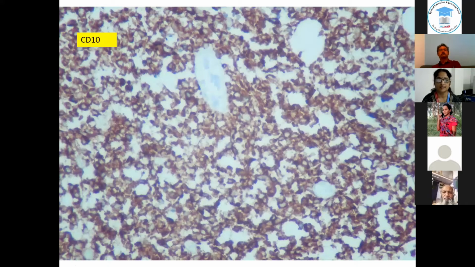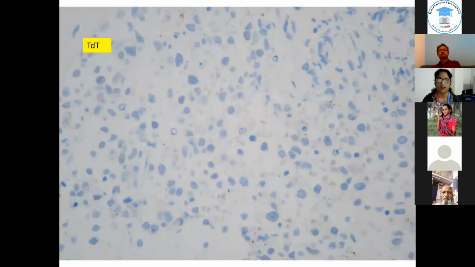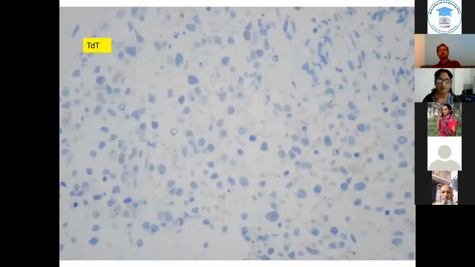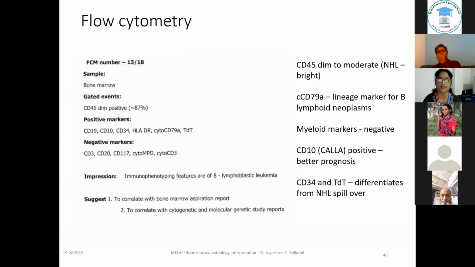So the IHC was done and they were CD10 and CD20 positive. So 20 is a B cell marker and TdT was negative, but CD99 was positive. So this proves to say that it was a lymphoblast, and the flow cytometry was positive for markers of CD19, CD10, CD34, HLA-DR, Cyto CD79a and TdT, whereas the T markers and the myeloid markers were negative.